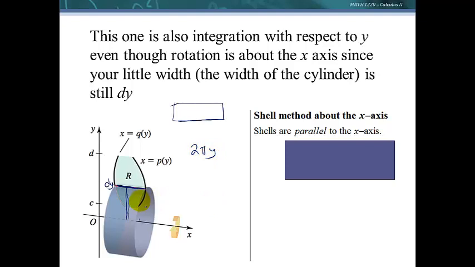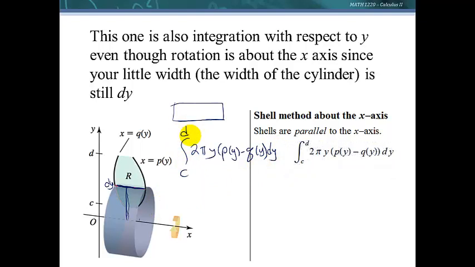And then we need to multiply it by this height here, and that height is going to be this function p of y minus this function q of y. And then we'd need to multiply by our little thickness dy, and then we would integrate that from c to d. So looking at the picture and understanding what each of the methods is should have us come up with this formula.